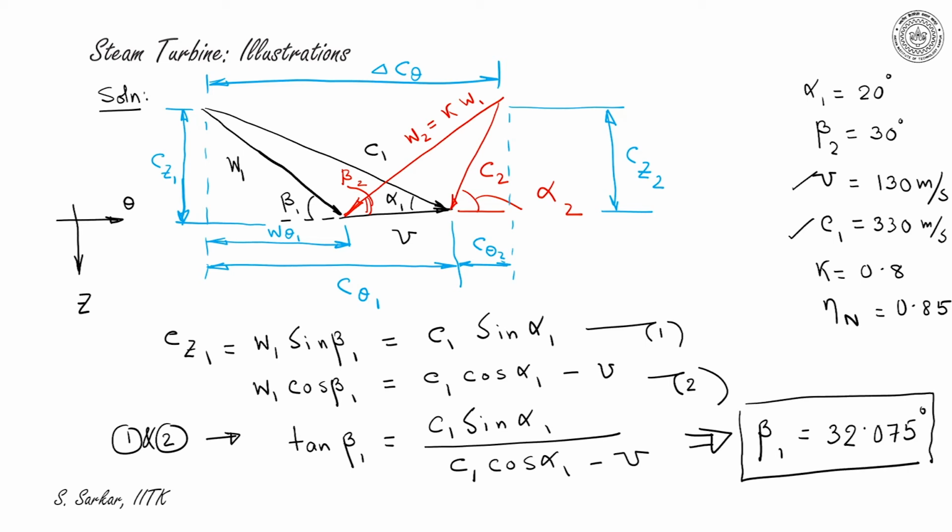So now look here, I have calculated beta 1 and beta 2 is given. Therefore, you know the blade angles.